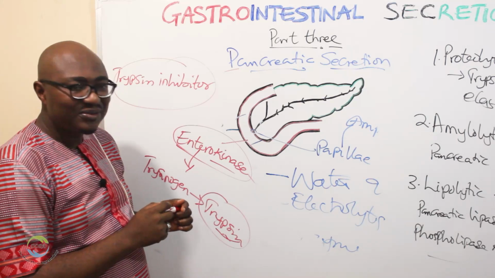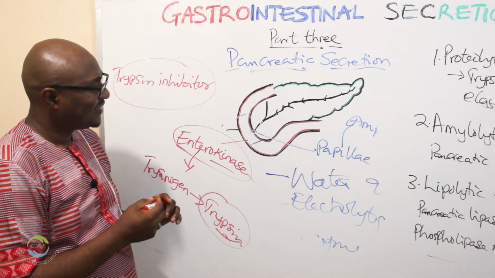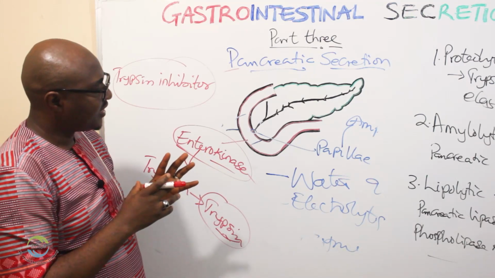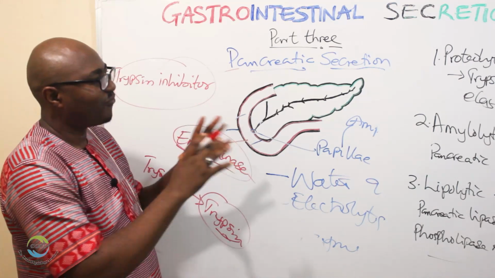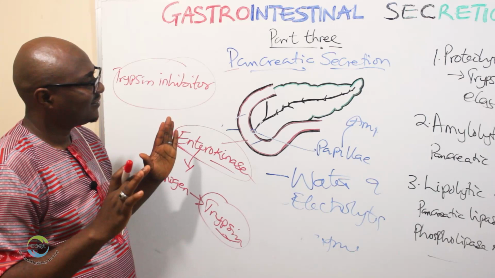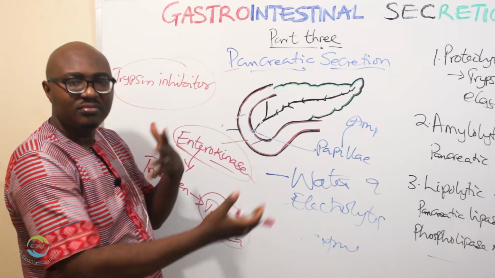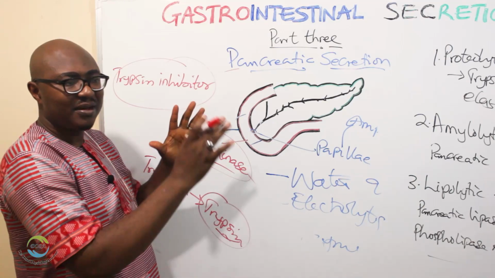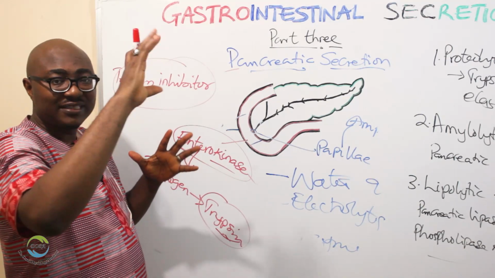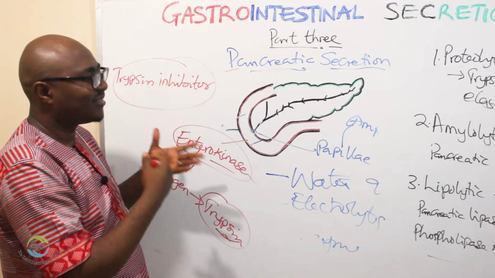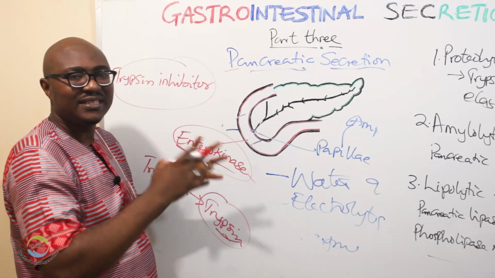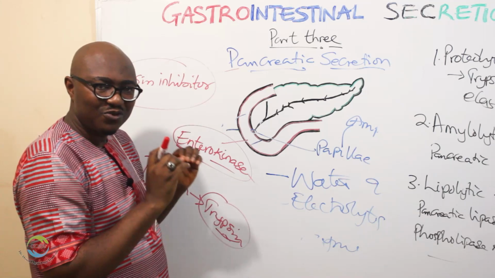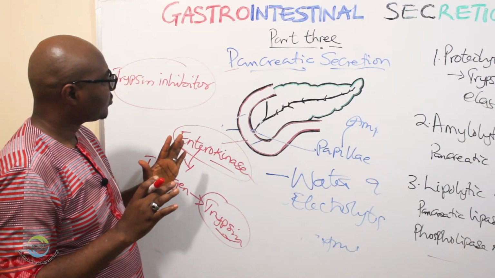So the next thing you now talk about is the regulation. The regulation of pancreatic secretion. So, like I said, pancreatic secretion, apart from the salivary that is only nervous, the pancreas is controlled by a nervous mechanism and also a hormonal mechanism.